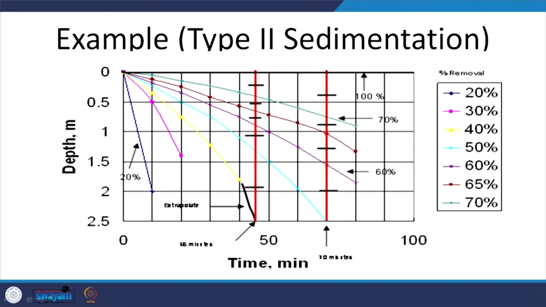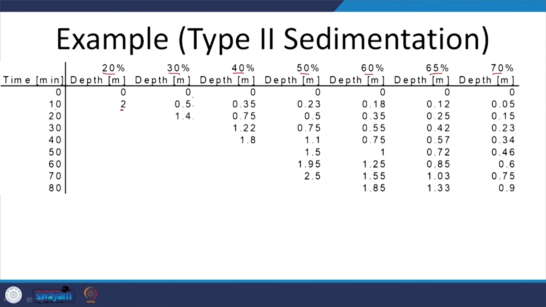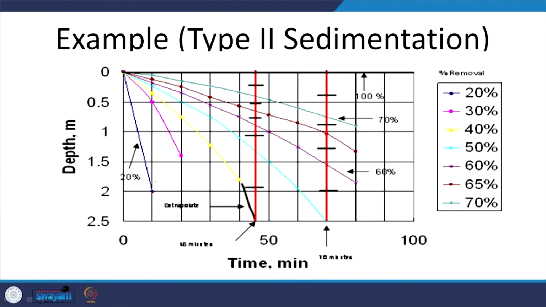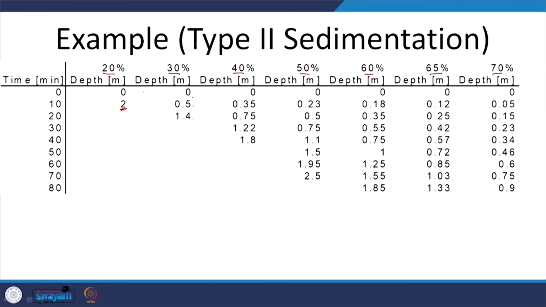For example, let me look at how we got this blue line. At 10 minutes, we will have 20% removal at a depth of 2 meters, and then we will have 30% removal after 10 minutes at a depth of 0.5.